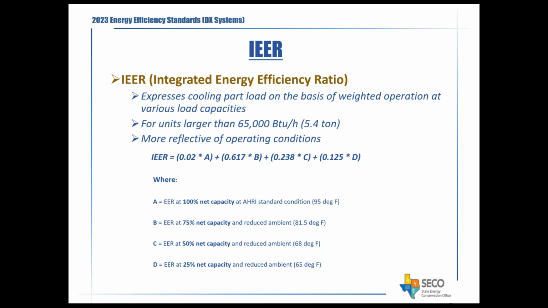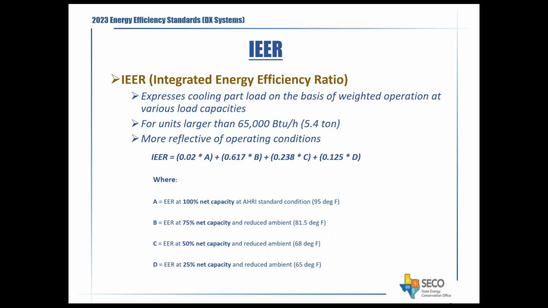A new definition, well, not very new. It's been around for a little while, but a new term that you will see that most of these units are going to be rated on is the IEER, Integrated Energy Efficiency Ratio, and you will start seeing it in the code books and in publications and so forth.